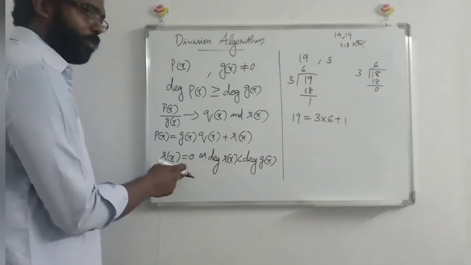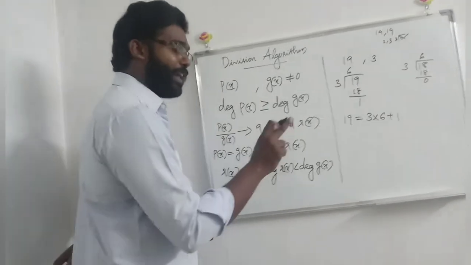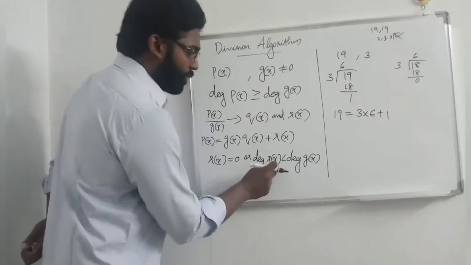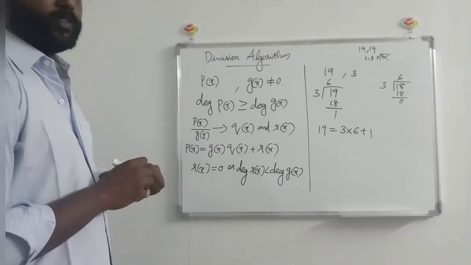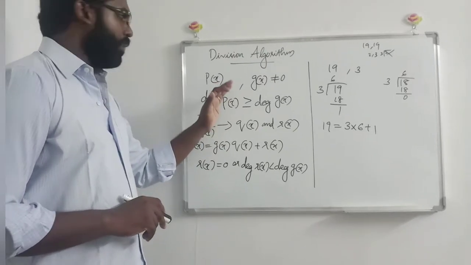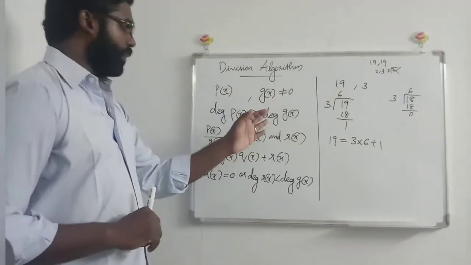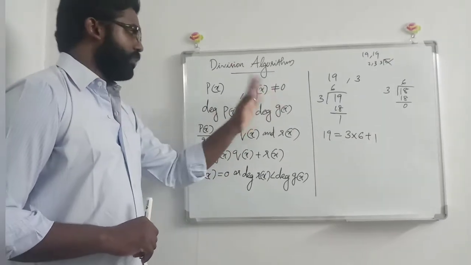When we consider polynomials, sometimes the remainder may be 0 or less than the divisor, meaning here the degree of the remainder is less than the degree of the divisor. So when considering two polynomials, P of x is a polynomial of degree greater than or equal to the degree of another polynomial G of x, and G of x is not equal to 0.